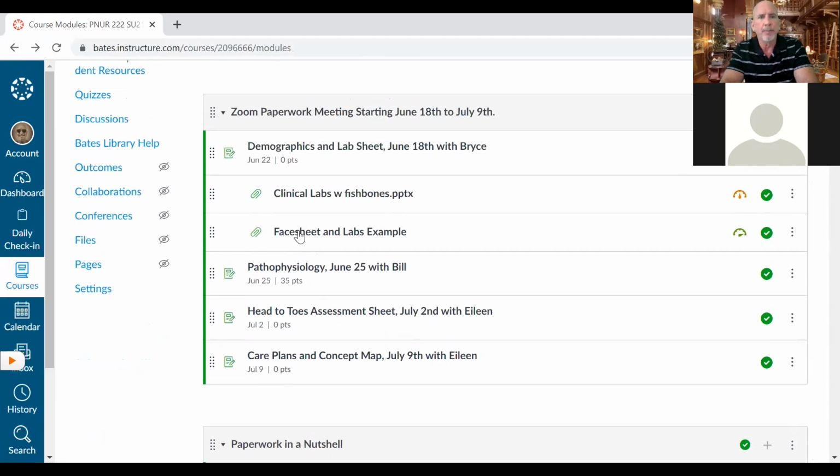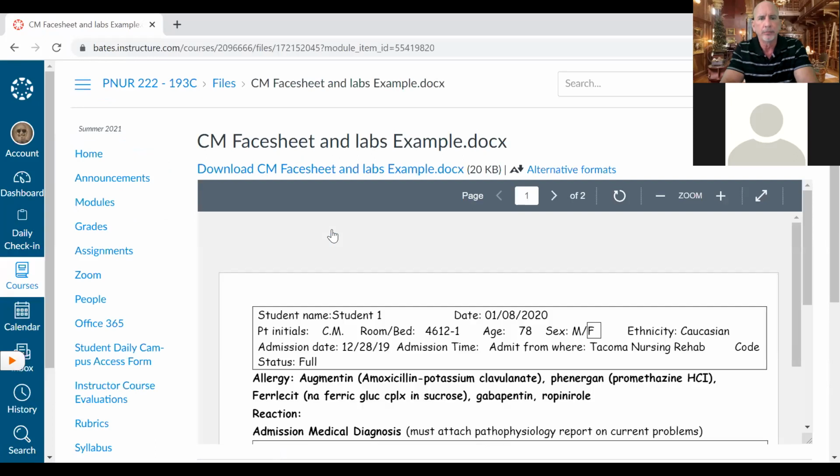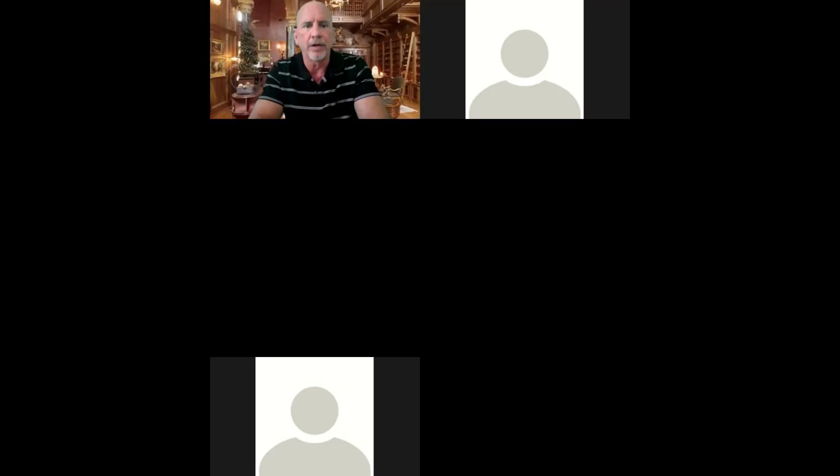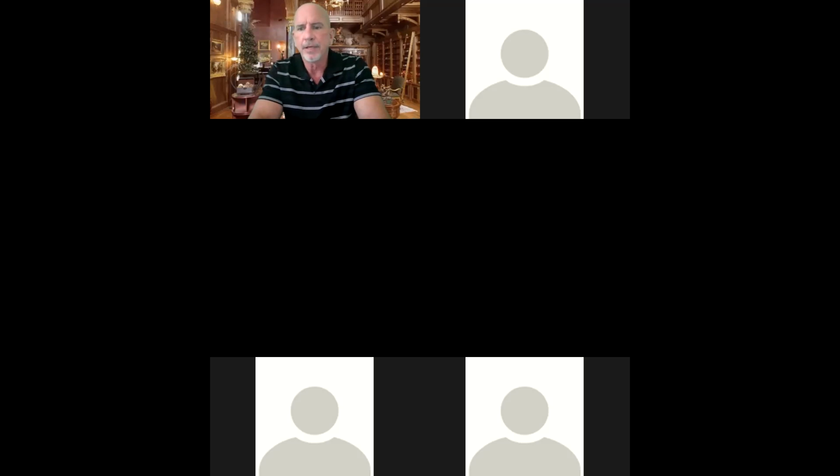I put an example of the face sheet and lab sheet here so that you have something to work with. I'm going to stop sharing and bring up the one I've got on my computer because it will be easier to see. And see if I can make it a little bigger. There we are. So here is a copy of that face sheet, but this one's already been filled out.